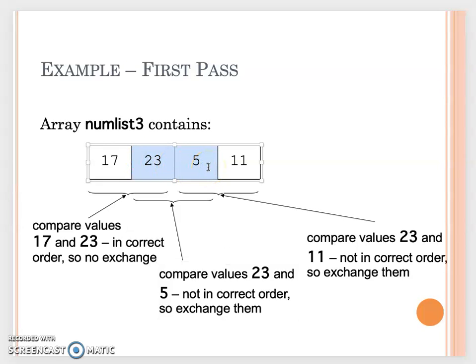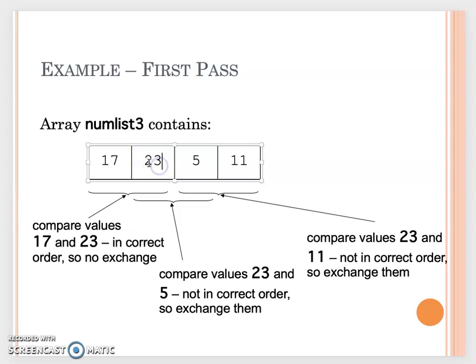Are they in the right order? No, because low to high, 5 is smaller than 23, but 5 comes after the 23. So if they are not in the right order, we swap 5 and 23.